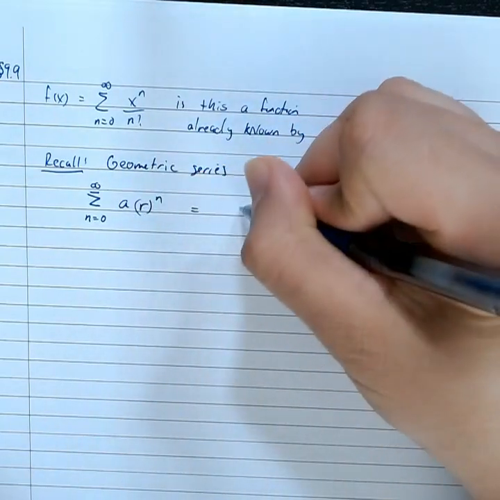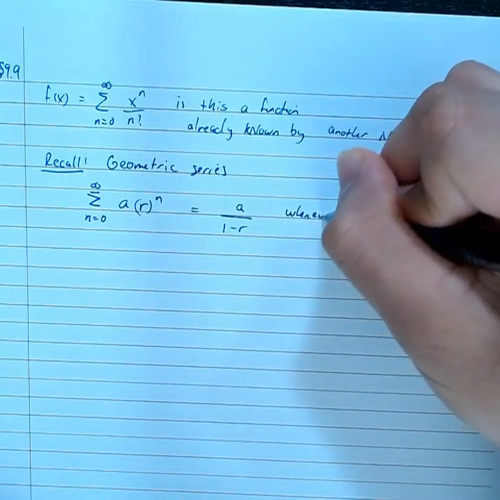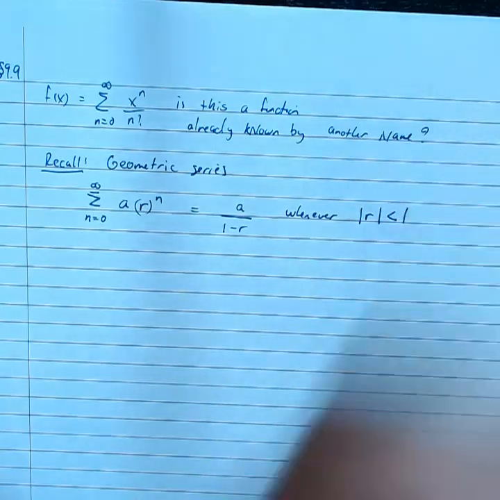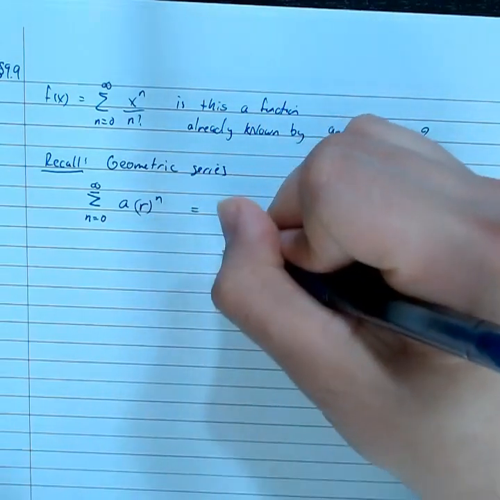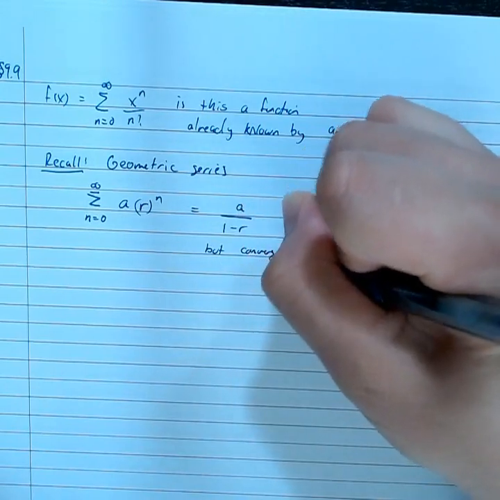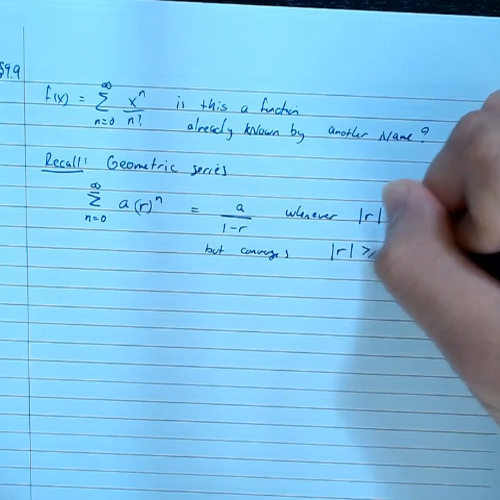This is equal to a over 1 minus r whenever r in absolute value is less than 1, and it diverges whenever r in absolute value is greater than or equal to 1.